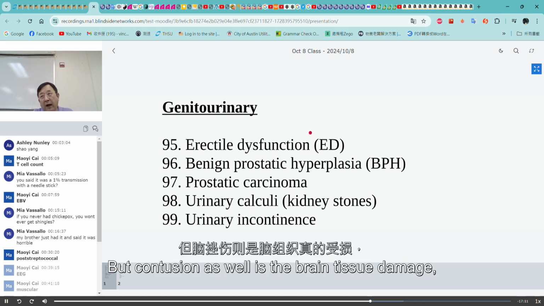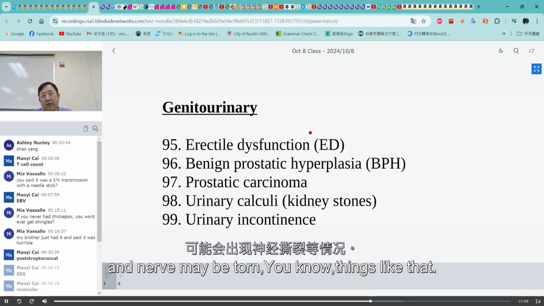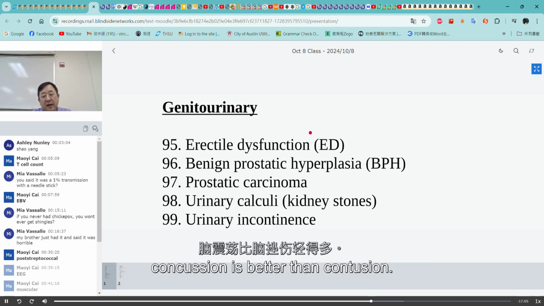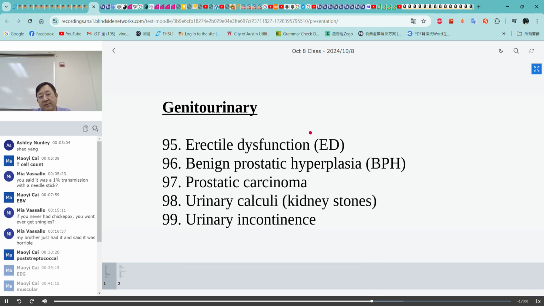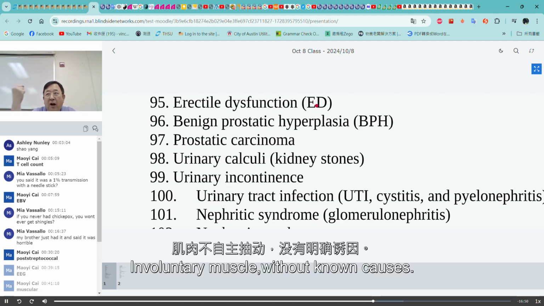But contusion is brain tissue damage, and a nerve may be torn, things like that. So the consequences of concussion are better than contusion. Contusion is more serious. Okay, so you have to understand that. And epilepsy. Epilepsy is a seizure disorder, right? Involuntary muscle contraction without known causes.